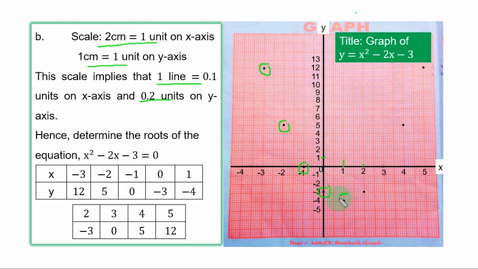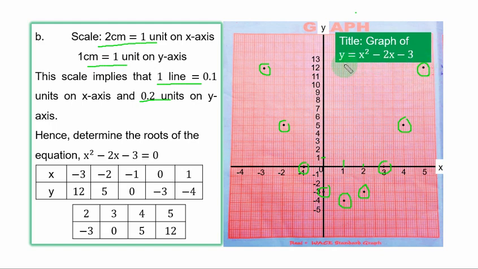1, -4, this is the point of intersection. 2 and -3, this is the point of intersection. When s is 3, y is 0, you plot that directly on the x-axis. 4 and 5, this is the point of intersection. 5 and 12, this is the point of intersection.